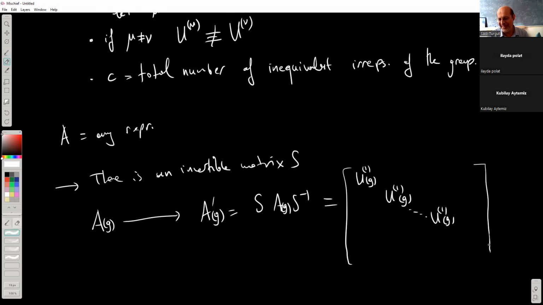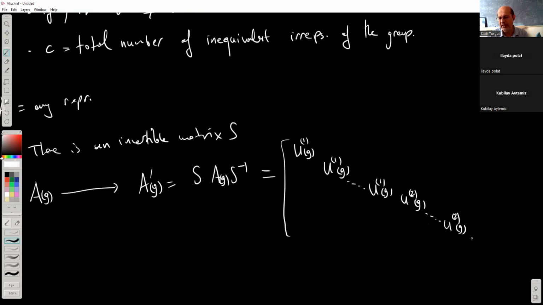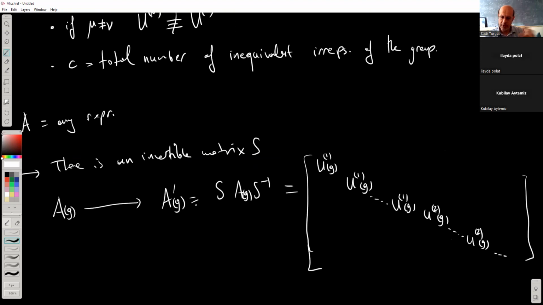Sorry, we don't have much space left here. This kind of notation becomes cumbersome after some point. There's also a number of times that U2 is repeated and so on. This can be a very large matrix, but we are going to bring them into the block diagonal form. I'm going to use M1 to be the number of times that the first irrep appears, M2 is the number of times the second irrep appears, and so on.